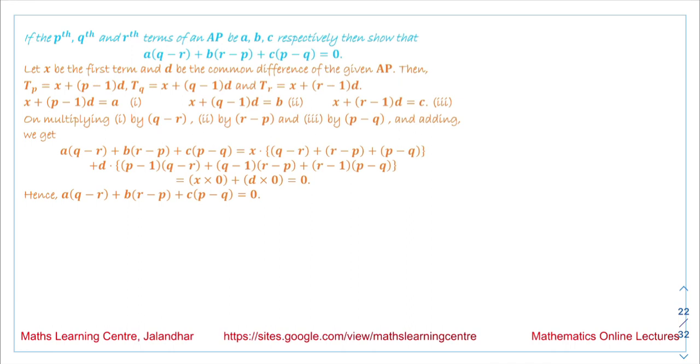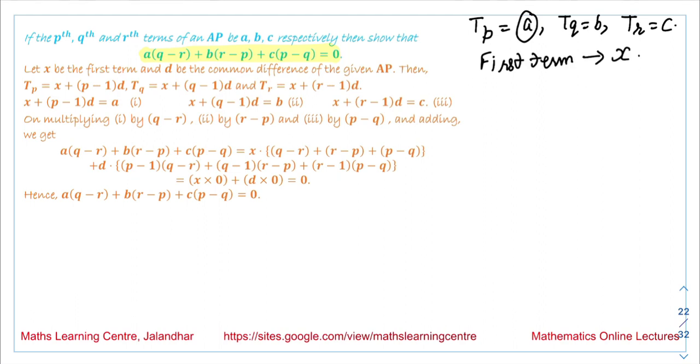Next is, if the pth, qth and rth terms of an AP are a, b, c respectively, we are saying Tp is a, Tq is b, and Tr is c. We have to prove that this relation is satisfied. So suppose the first term of the AP, since A is already used over here, is x.